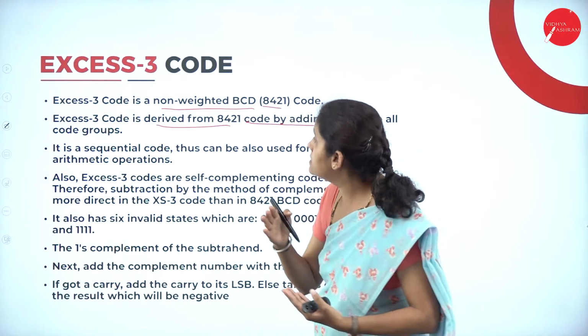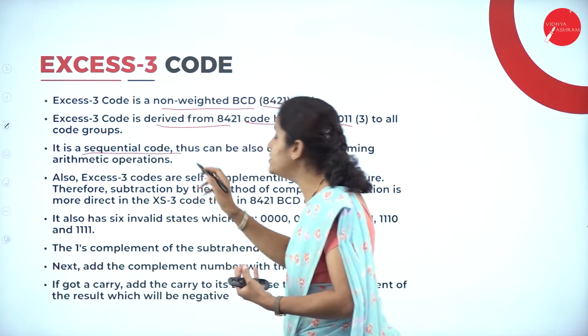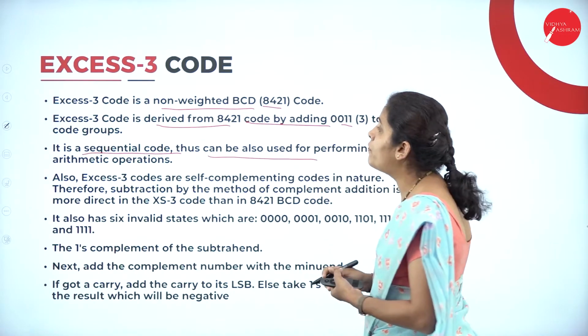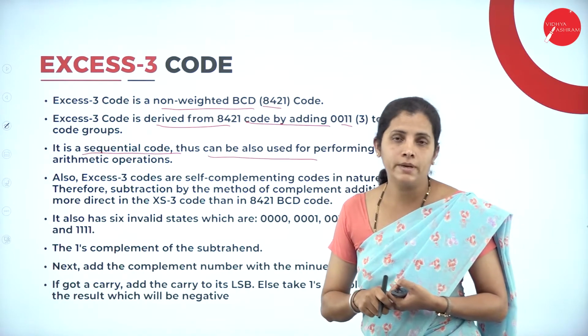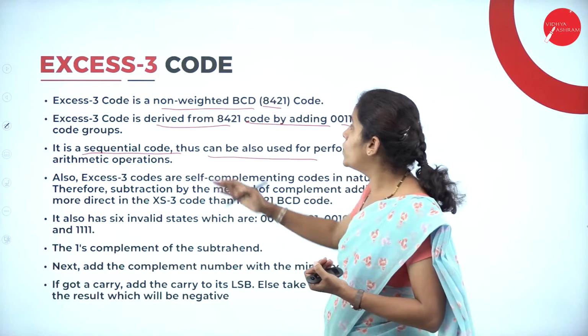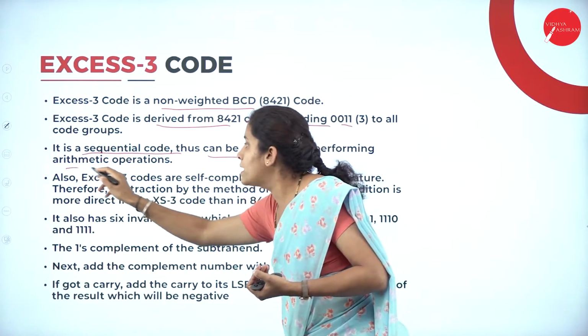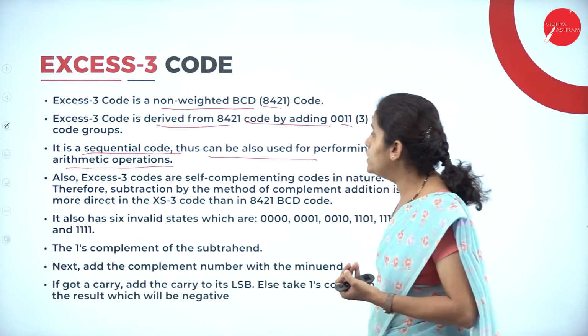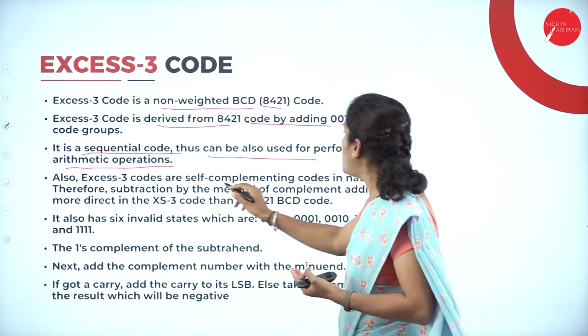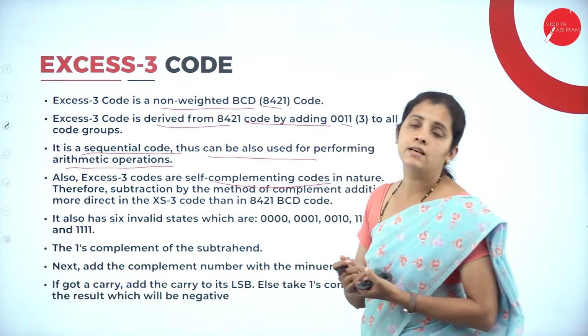Here, the Xs3 code is a sequential code, thus it can also be used for performing arithmetic operations. That means by using the Xs3 code, you can perform arithmetic operations.